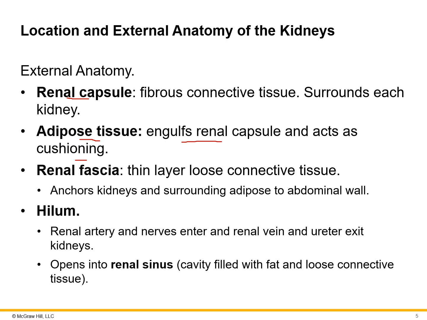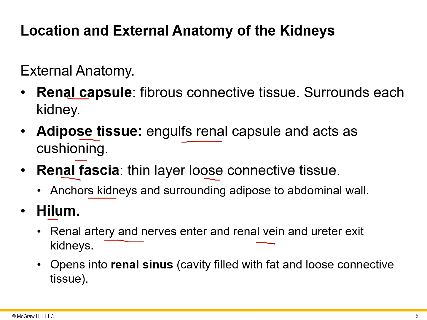The renal fascia is just a thin layer of loose connective tissue. It's involved in anchoring the kidneys to the adipose and the abdominal wall to keep them in place. And then finally the hilum, which is where the renal artery and nerves enter, and the renal vein and ureter exit.